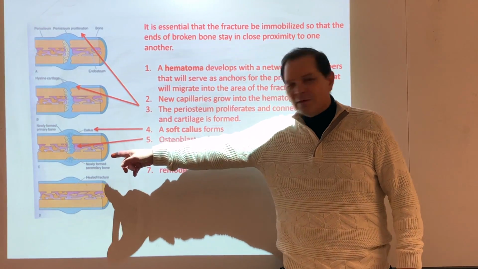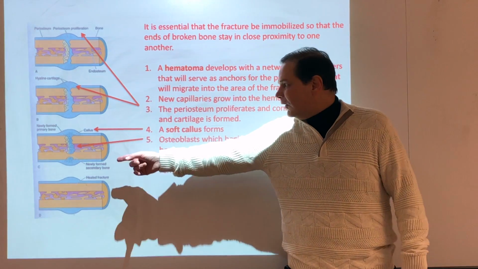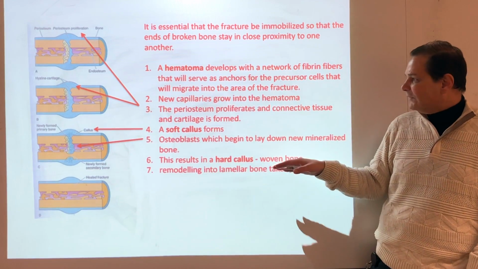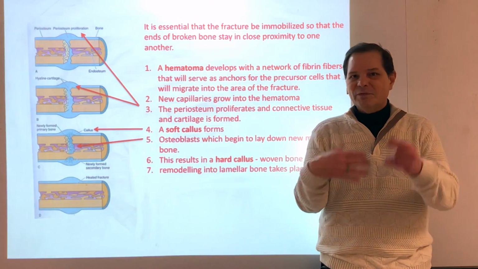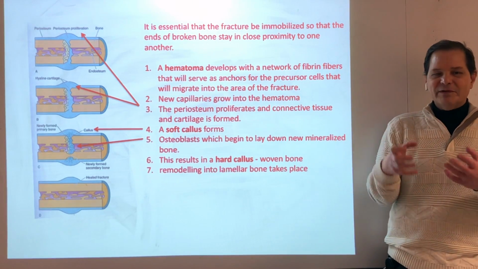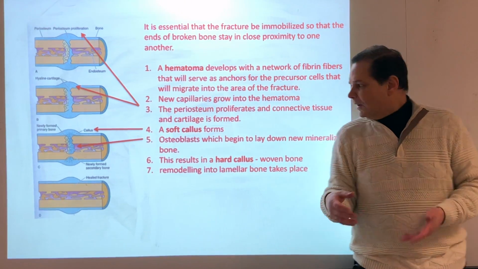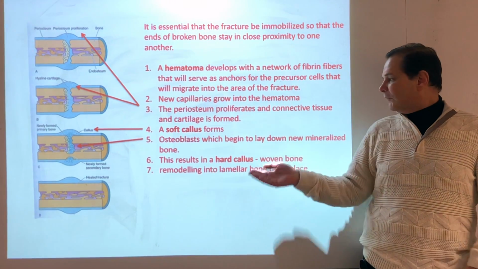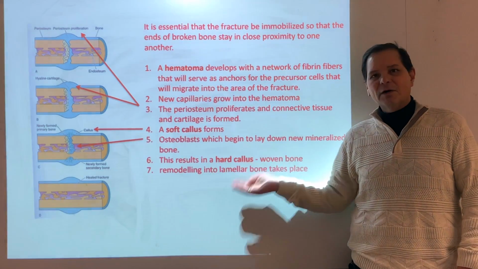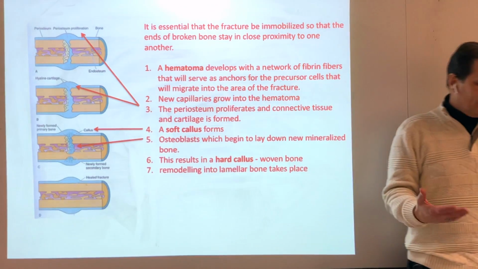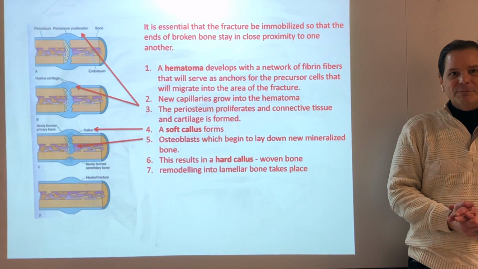Here, they use your cartilage as a model to make the bone. They come in, they invade, they make bone, and the result is a hard callus, which is woven bone with just collagen fibers kind of woven through it. It's kind of random as opposed to nice organized lamellar bone. But what you'll do over time is you'll remodel that, and eventually it'll go from being this sort of disorganized hard callus into regular lamellar bone, okay? And your bone will have been repaired, all right?